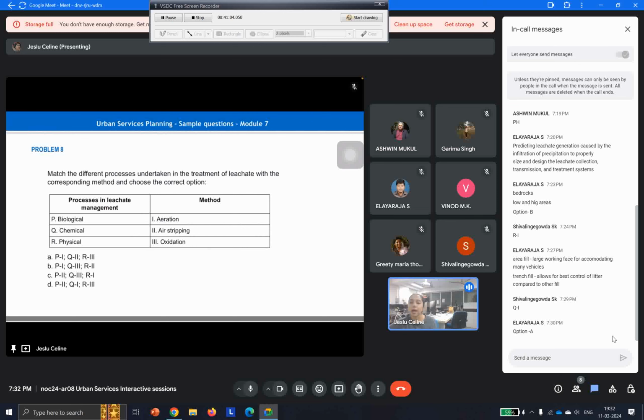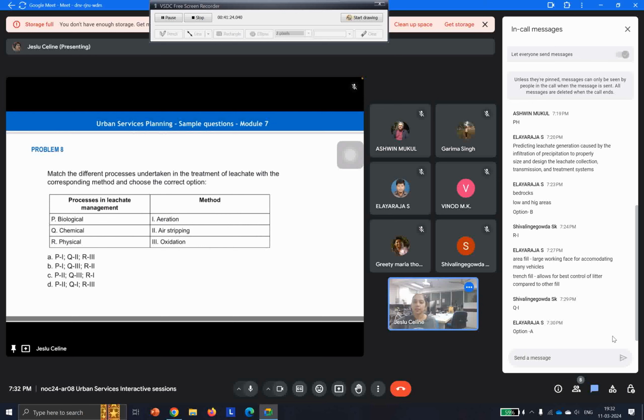Problem 8. Match the different processes undertaken in the treatment of leachate with the corresponding method and choose the correct answer. The processes in leachate are biological process, chemical process, and physical process, and the methods are aeration, air stripping, and oxidation. So which is a biological process?